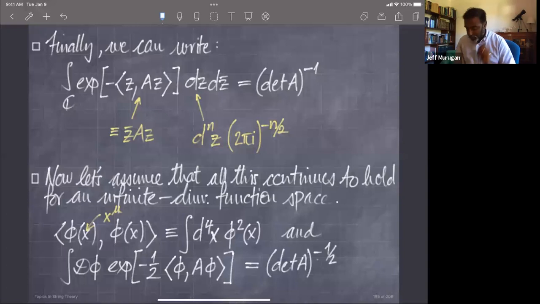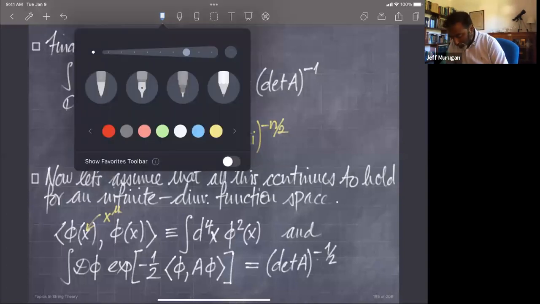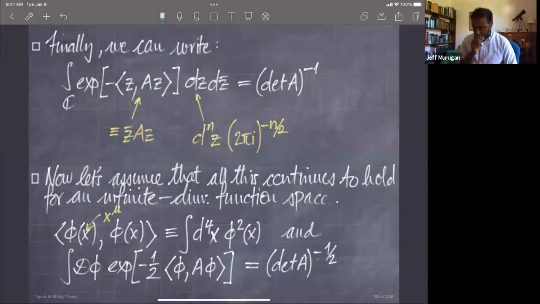Okay, the only thing here is that while we did everything for finite dimensional vector spaces where a was a finite dimensional matrix, an n by n matrix, when we go to a function space, this a here could possibly be a differential operator.